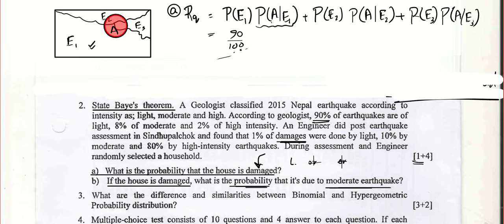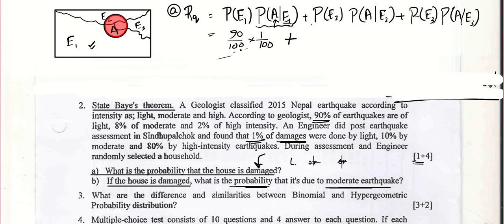I already told you, when you find probability of A given E1, your objective is to find probability of A under the assumption E1. So what is the probability? Look at the common part: house getting damaged because of a light earthquake. So you can read that 1%.